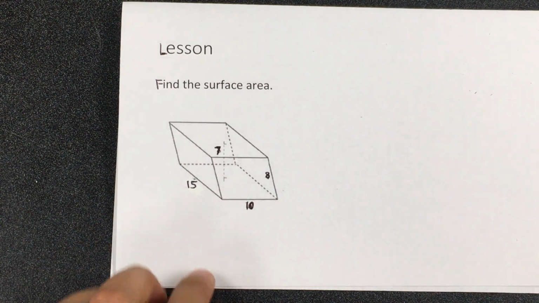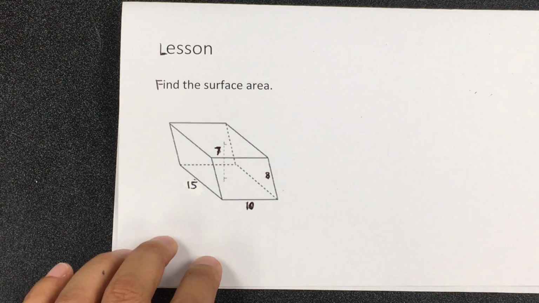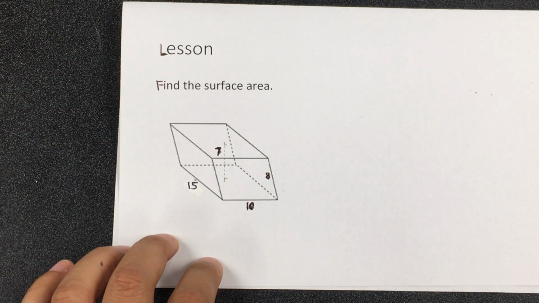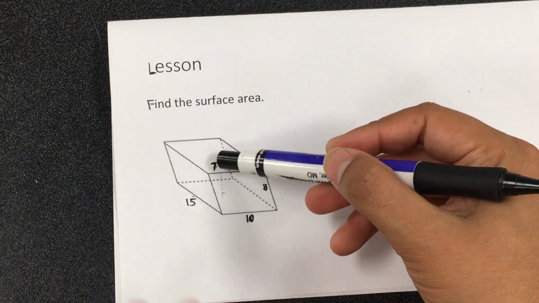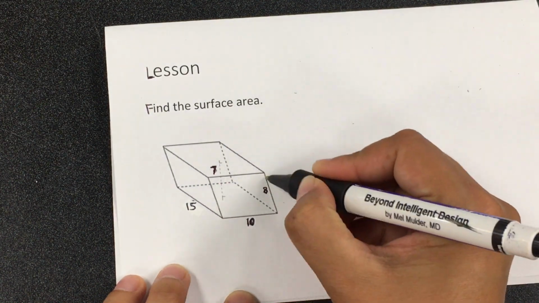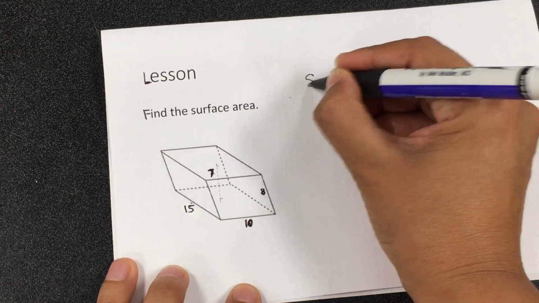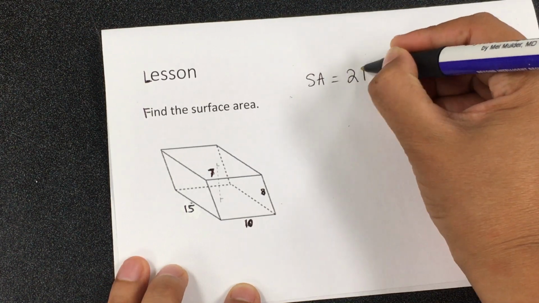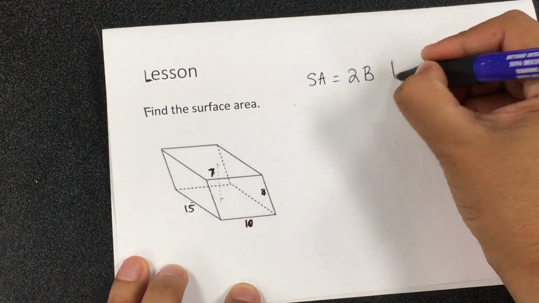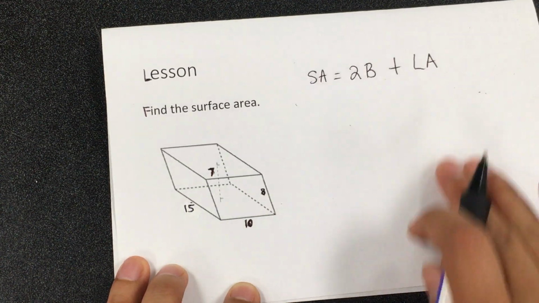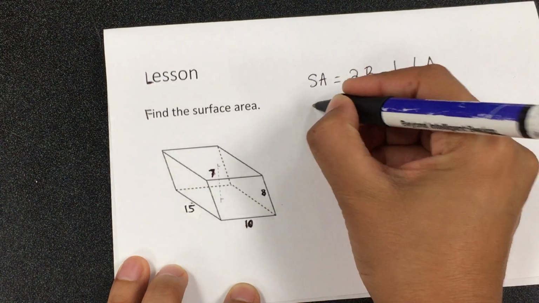Okay, I hope I'm not confusing those either. We know that this is the height for this base. Remember, the surface area is equal to 2 times the area of the base plus the lateral area. And I think I'm going to work on one and then the other first, okay?